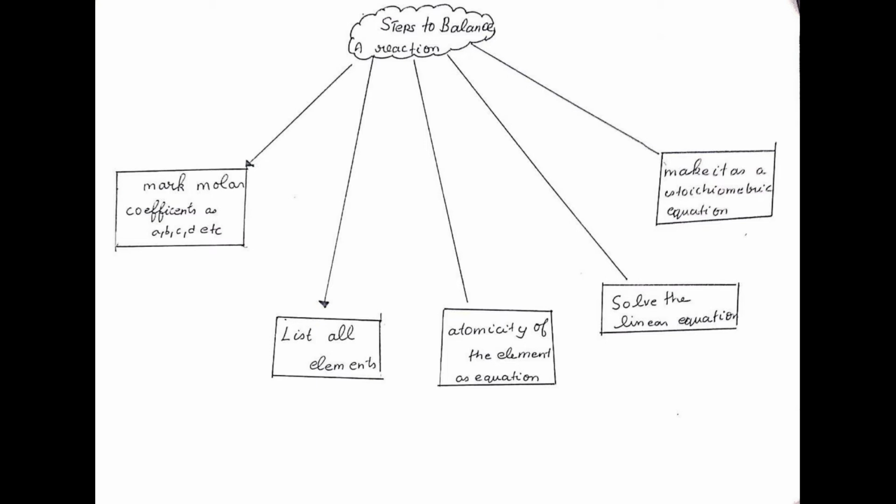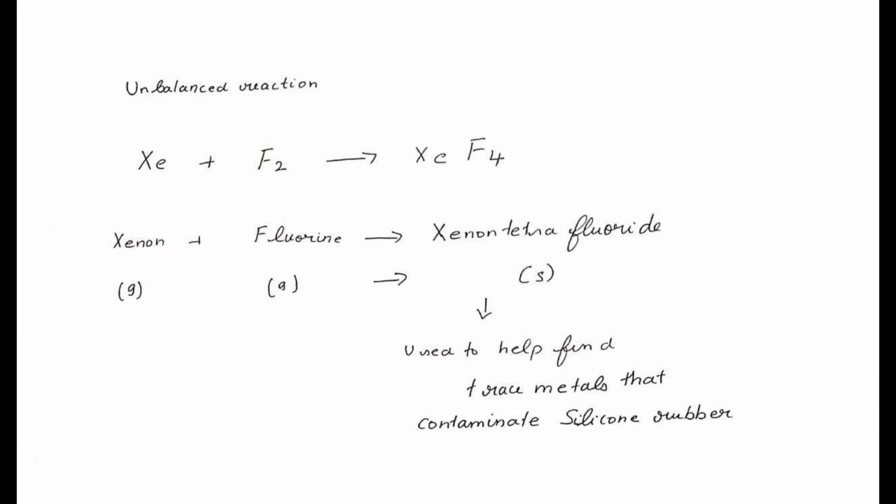So we have to write that as an equation. Then we solve the linear equations and write the stoichiometric equation. With these steps, we can easily balance a chemical reaction, and this type of balancing is known as the algebraic method of balancing.